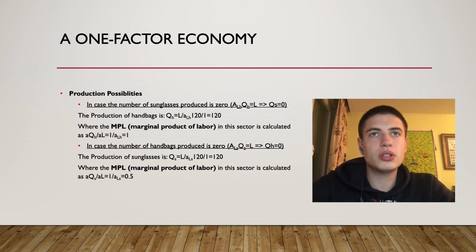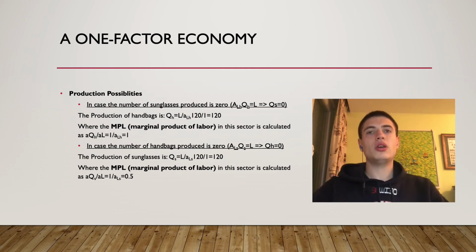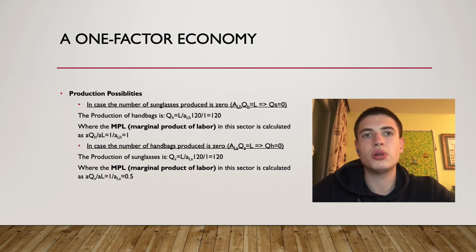Now continuing with the production possibilities, first of all, in case the number of sunglasses produced is zero, the production of handbags will be equal to 120, but the marginal product of labor would be equal to 1. But in case the number of handbags produced is zero, the production of sunglasses will also be 120, but the marginal product of labor would be half of the previous result, which is 0.5.